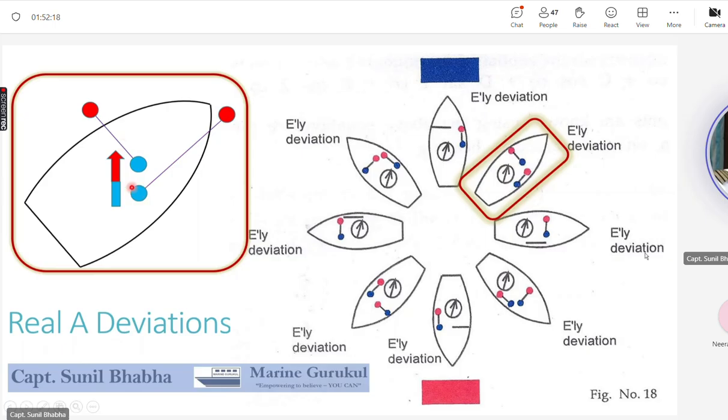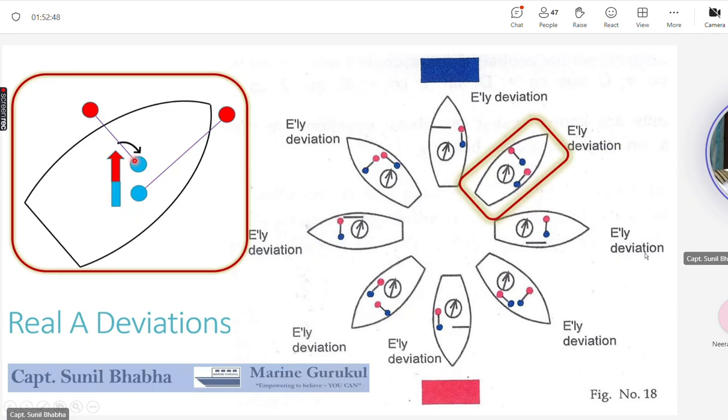Whereas the blue pole in the longitudinal is close to the south end of the compass, which is again blue, and both being the same polarity, they are going to repel each other. Even though there are two poles, they are both trying to swing the compass in the clockwise direction again, generating easterly deviation.